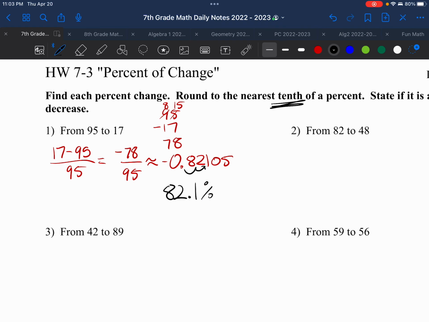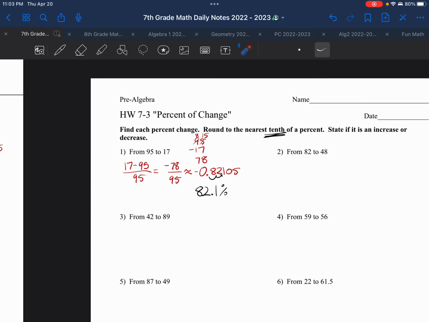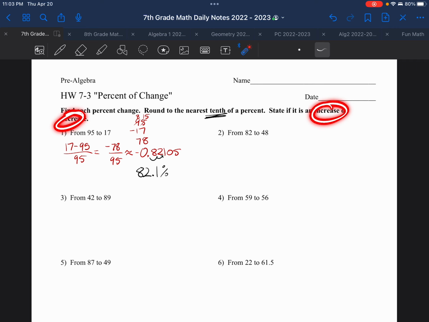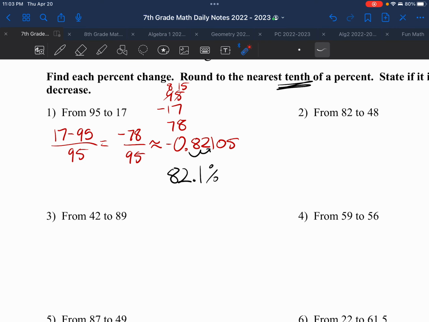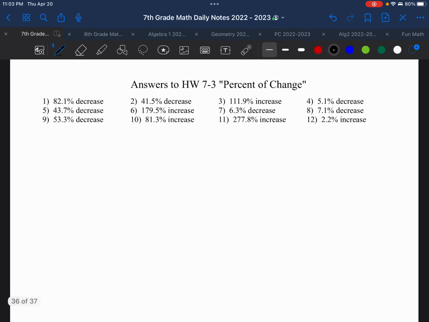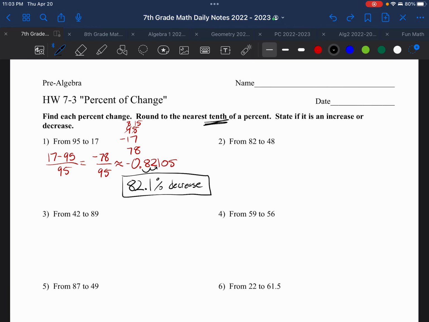And then finally, we have to ask ourselves, is it an increase or decrease? In this one, we want to say decrease because there's a negative. We went down, so there's going to be a decrease. 82.1% decrease. Let's check. And let's do number 2.